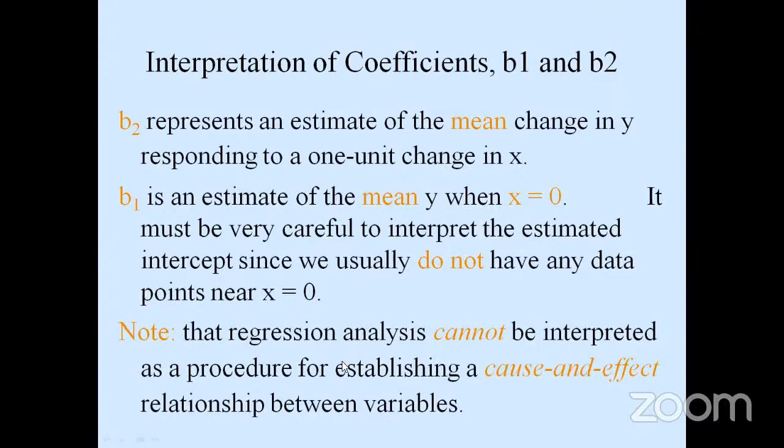What we need to note here is regression analysis cannot be interpreted as a procedure for establishing a cause and effect relationship between the variables. When we go through an example, we will clearly understand how this cause and effect acts.